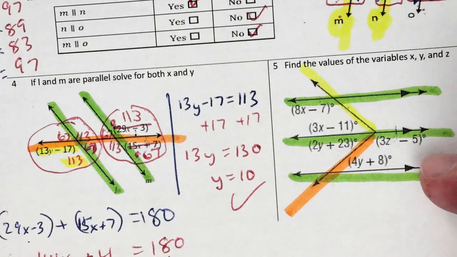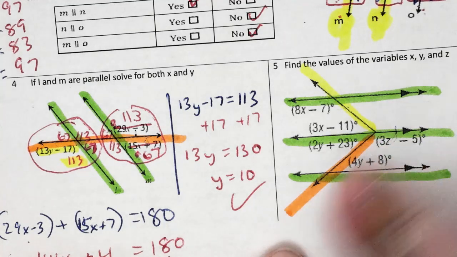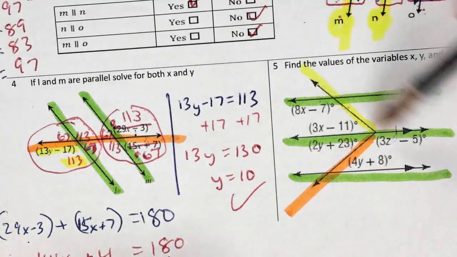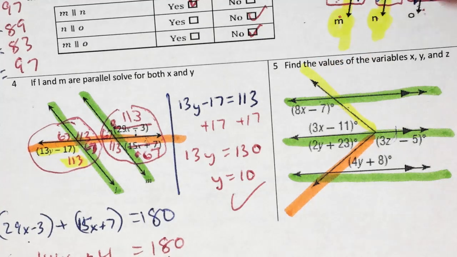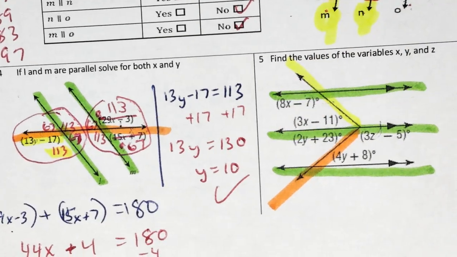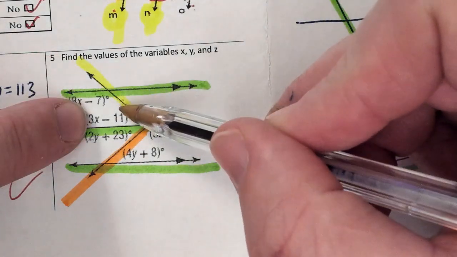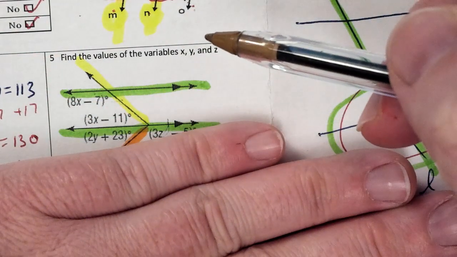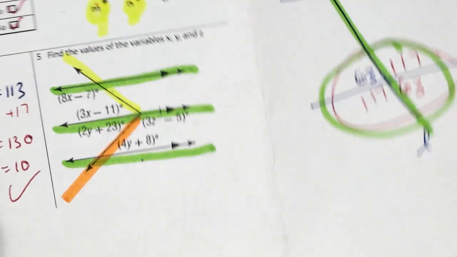So all three of these were parallel, so I made them all the same color. This is its own line. There's nothing parallel to it, so I gave it its own color. And this is a third line that has its own color because it's not parallel to anything else. All right, so basically, yellow and green is its own problem, and then orange to green is a totally different problem. All right, let's solve these.